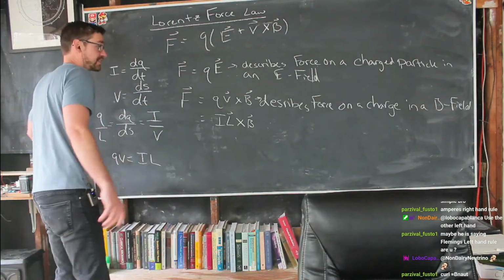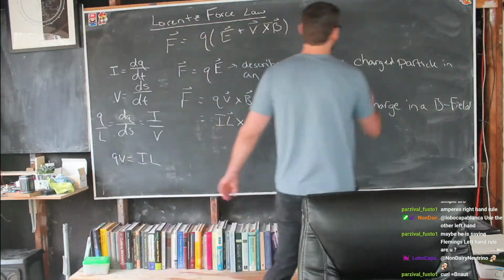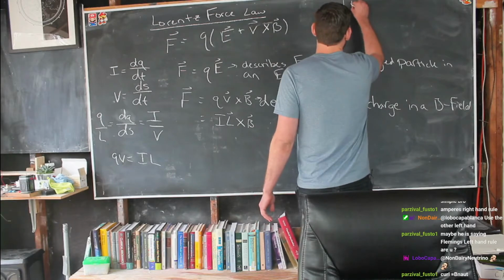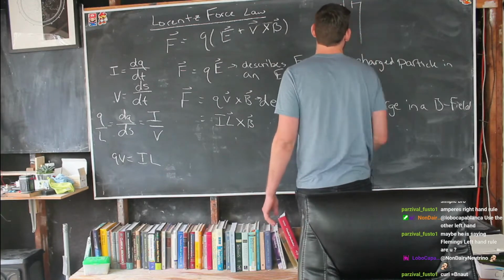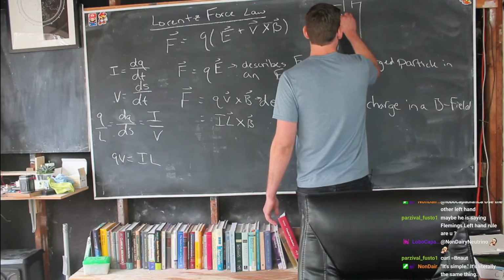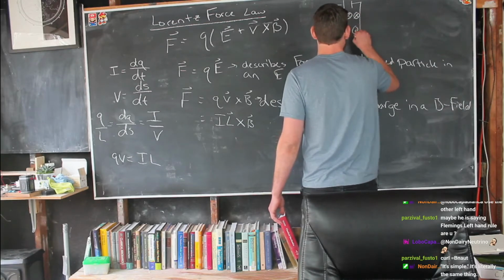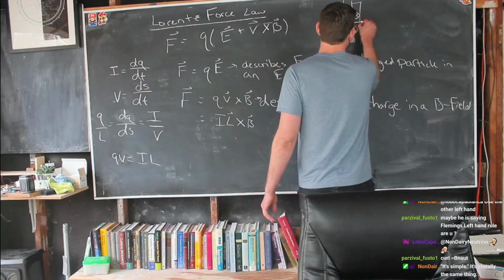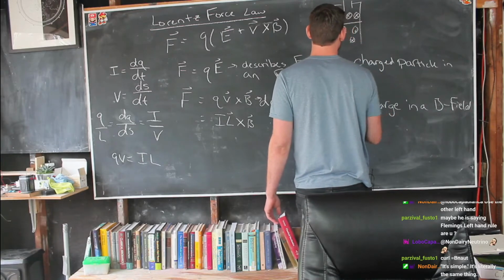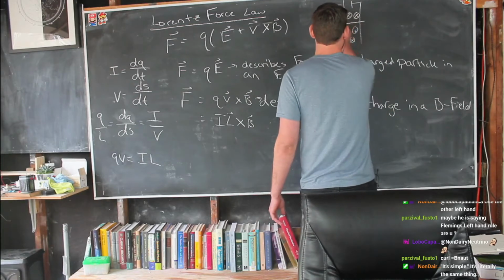So for instance, if you have some capacitor with rails that go like this, and there's a magnetic field coming out of the chalkboard, and there's a wire, a bar going this way.